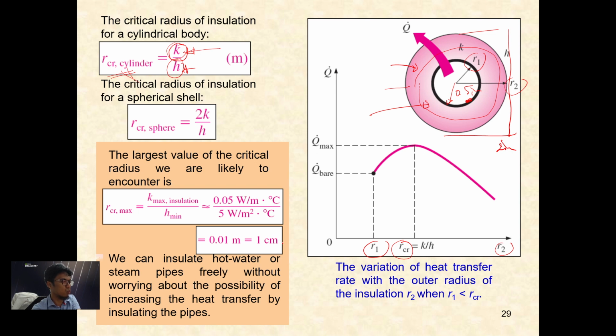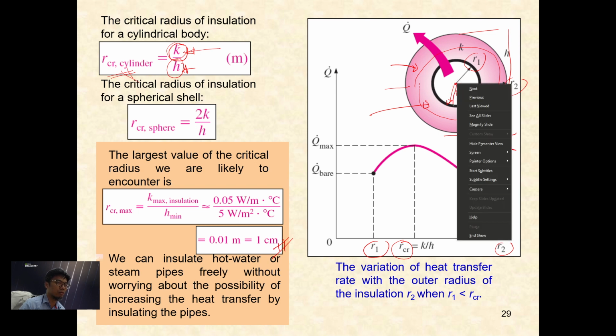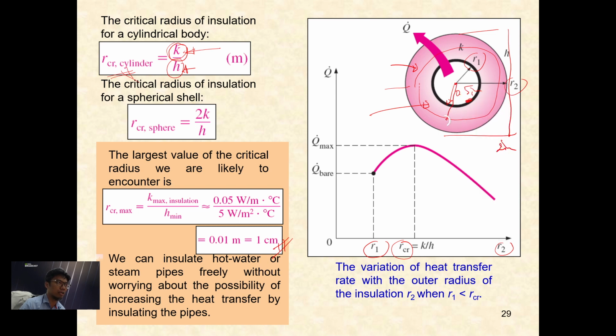So about 1 cm R critical is required to transfer hot water. You imagine, what is that 1 cm? 1 cm is from the inner here, from the core to the outside, or the center here. Minimum you must have 1 cm distance. Okay, not 1 cm on the outside here, but it must be 1 cm from the center.